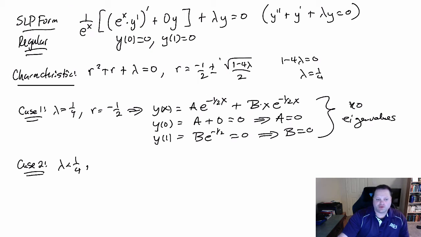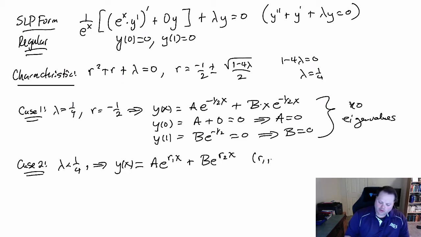So these are real distinct roots, which means that your solution is going to be a e to whatever the root is, plus b e to whatever the second root is. This is the case where r1 and r2 are real distinct roots.